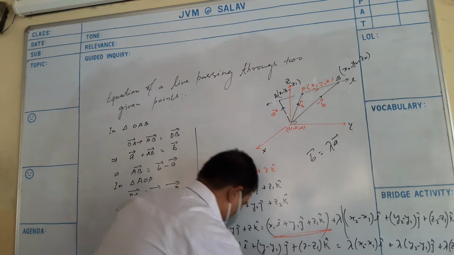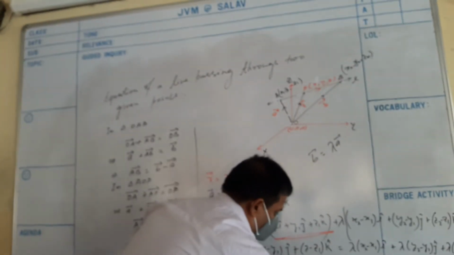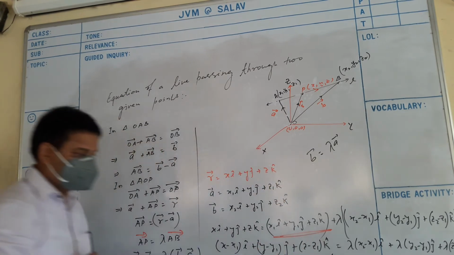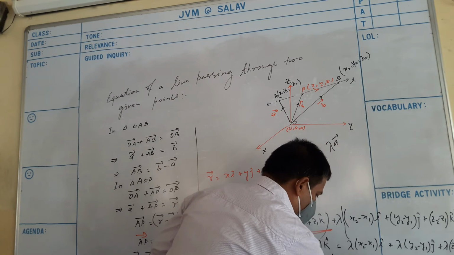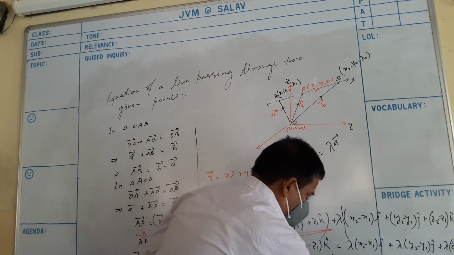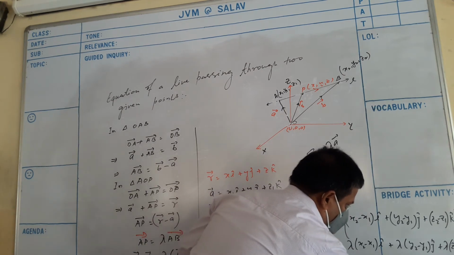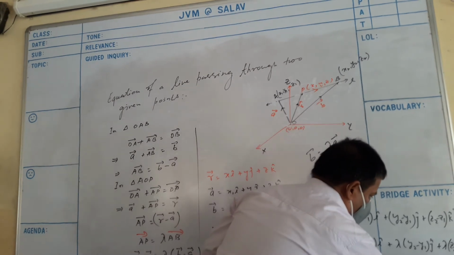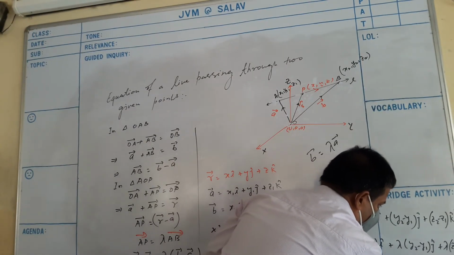Lambda is equal to x minus x1 divided by x2 minus x1. Similarly, lambda is equal to y minus y1 divided by y2 minus y1, and lambda is z minus z1 divided by z2 minus z1.